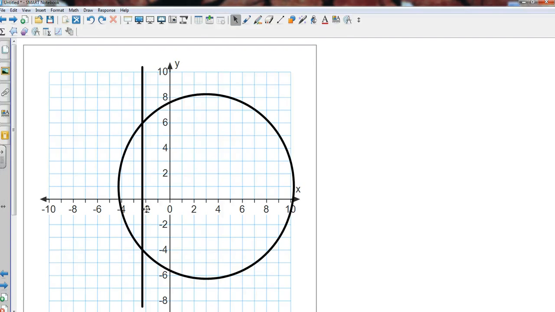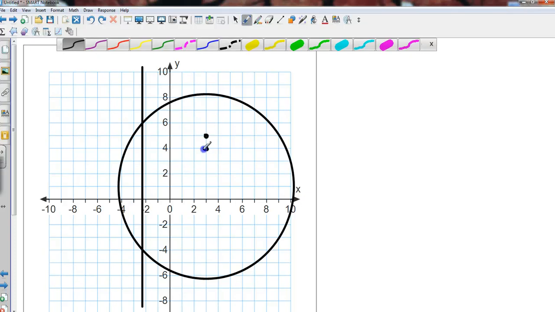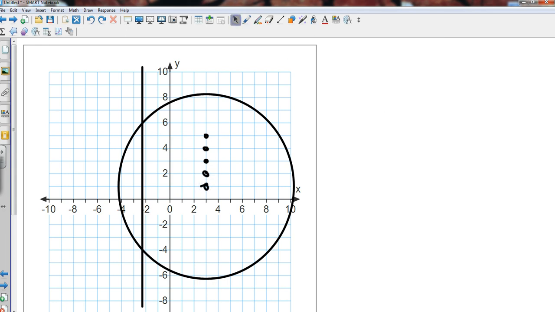If it hits it 2 times in your vertical line test, 2 or more, could be 3, depending on what kind of crazy drawing they give you. All right, maybe they just put all of these coordinates right there, and when you do your vertical line test, it hits it 5 times. Guess what? Not a function. Okay?